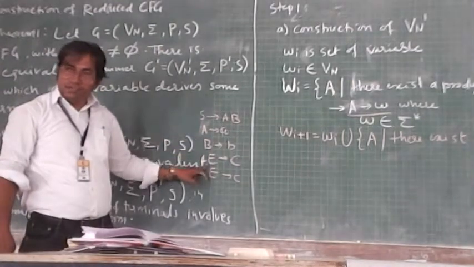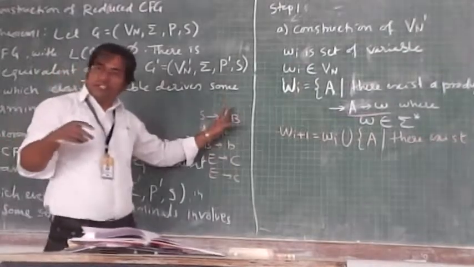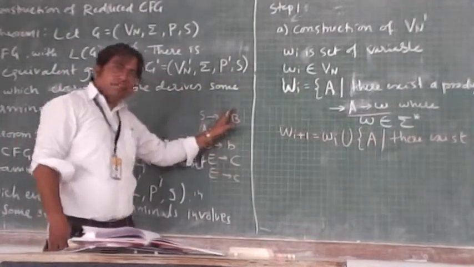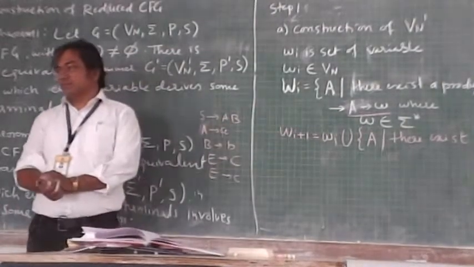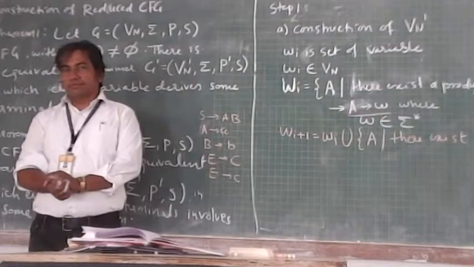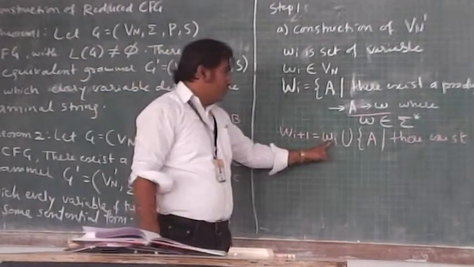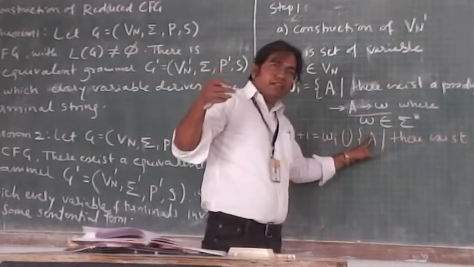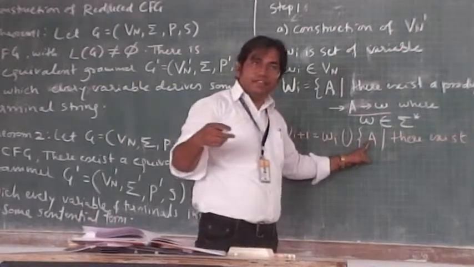A, B and E. The production in whose right hand side there are combinations of these variables, the left hand side of such a production we should add to Wi plus 1. Okay, so I am writing Wi plus 1 is equal to Wi union an additional variable A. Here A is in general term.